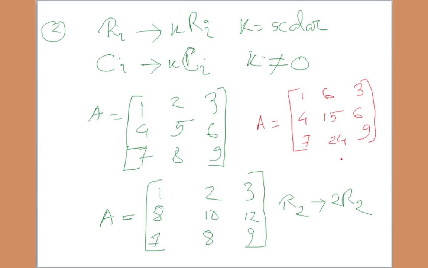What is changed here? Column 2 is changed, multiplied by 3 for every element of that column. This is the elementary transformation.